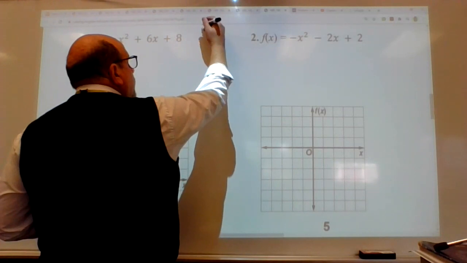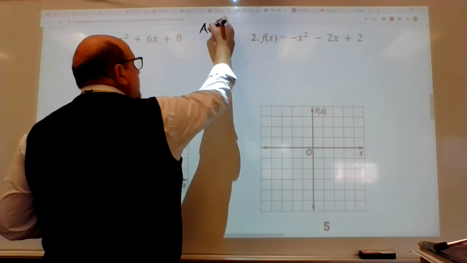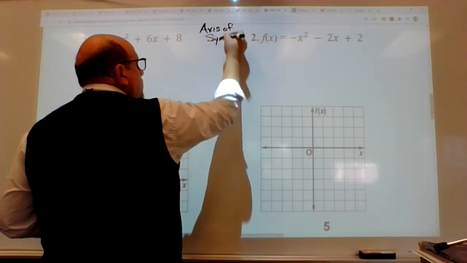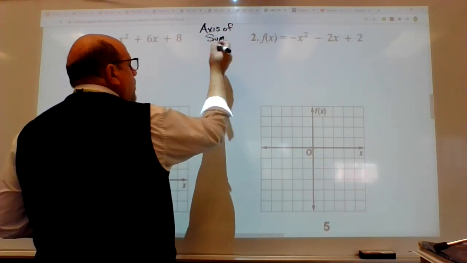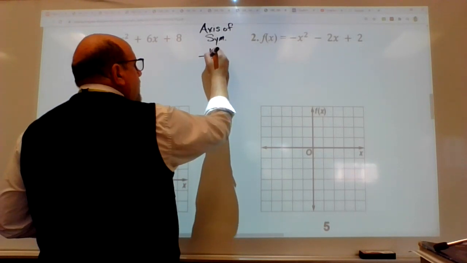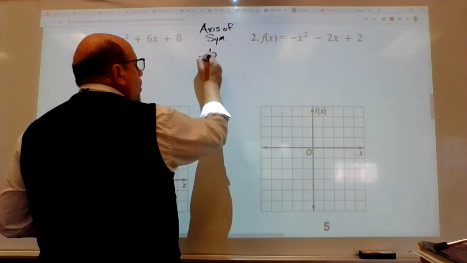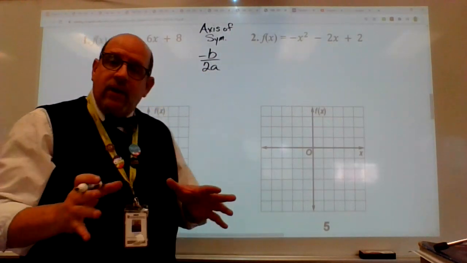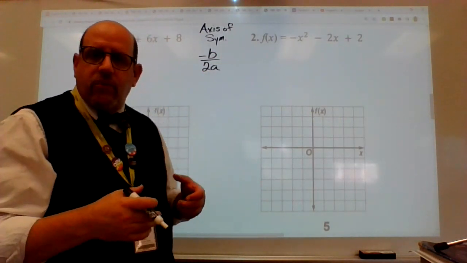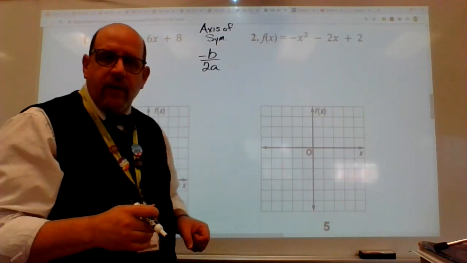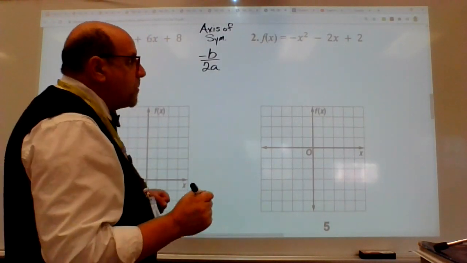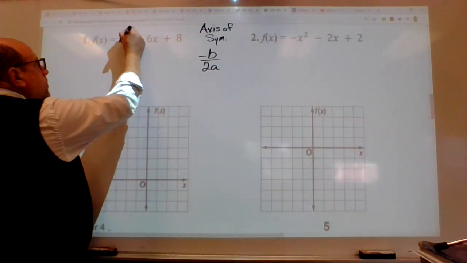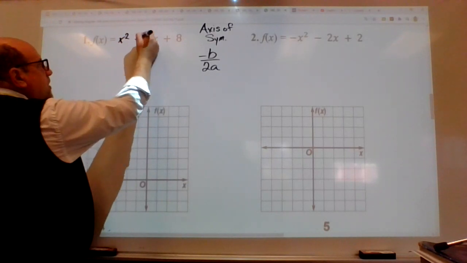So for the axis of symmetry, and I'm just going to abbreviate it there, we're going to use negative b over 2 times a. Okay, well, that's a little weird to you, right? Because I've only shown you a little bit of what a, b, and c are. I'm going to write it over the top of this quadratic equation so that you can see what this is.